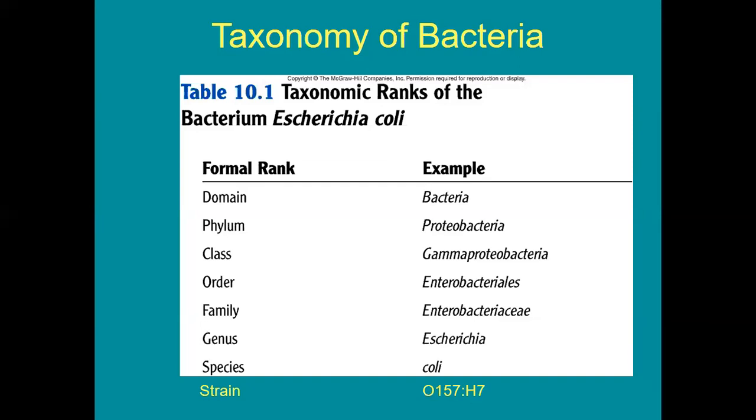Genus, you know very well, is Escherichia, and species is coli. In species, you have got various strains. Sometimes you use the word strain, sometimes you can use the word subtype, serotype. You have a particular number. Like for your coronavirus, you have got alpha, beta, gamma. These are all subtypes. Inside, you have got again subtypes. So they are subtypes or strains or subspecies. So it starts from domain, phylum, class, order, family, genus, and species.